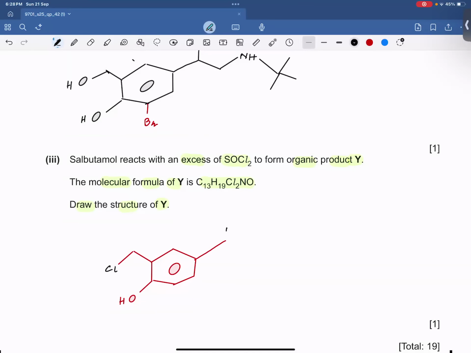I'm going to write chlorine here again. This NH will remain as it is, and this entire group will remain as it is, okay? So that's the structure of this organic product Y. So that's the end of this question.